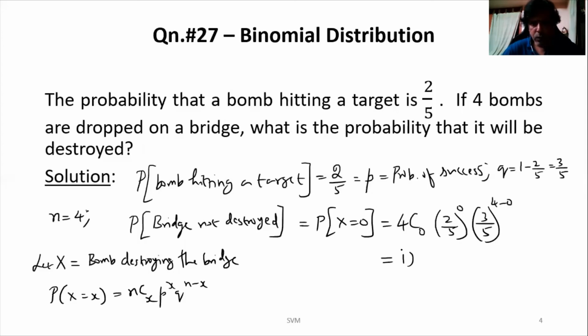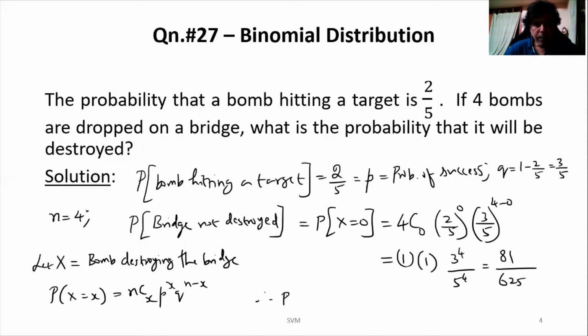So this works out to 1. Next one also 1. This will be 3 power 4 by 5 power 4. 3 power 4 means it is 81. 5 power 4 means it is 625, because 25 into 25 is 625.